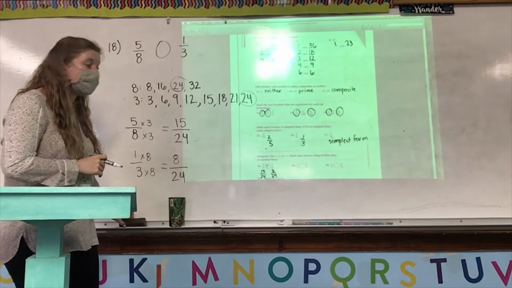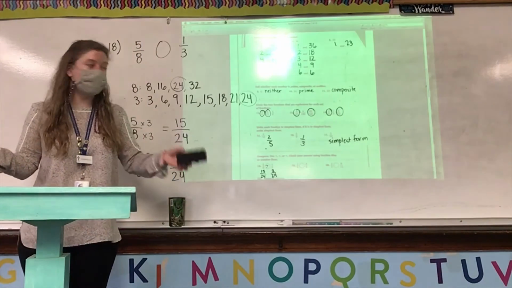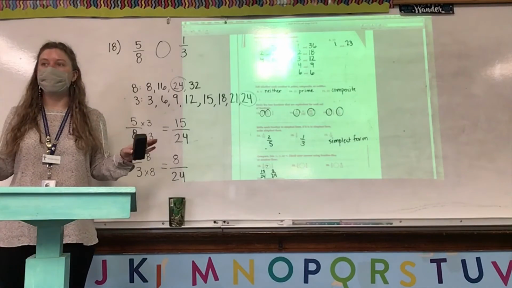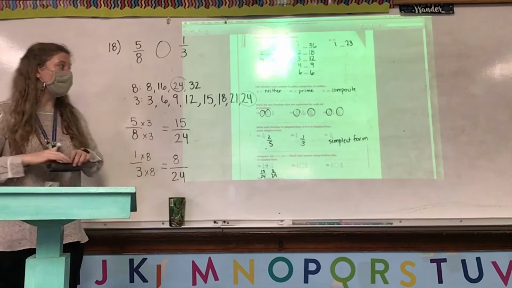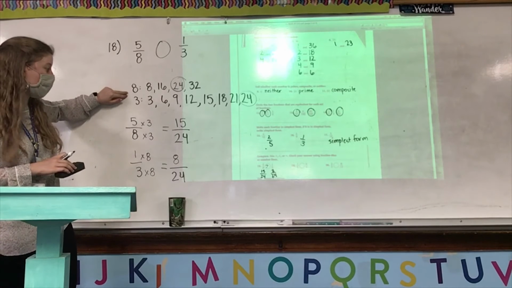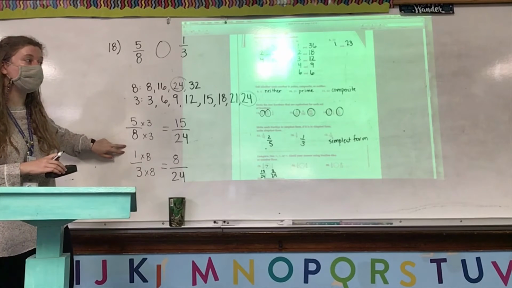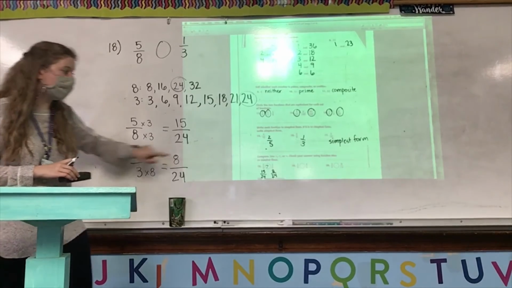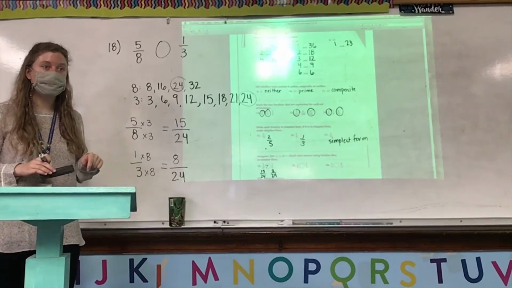Okay, number 19, we have to do the same thing. Are we changing our process at all? No. We are still going to find the least common multiple, change to equivalent fractions, and then compare the numerators.